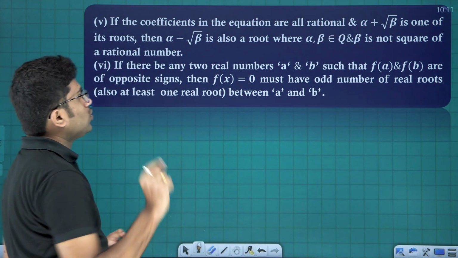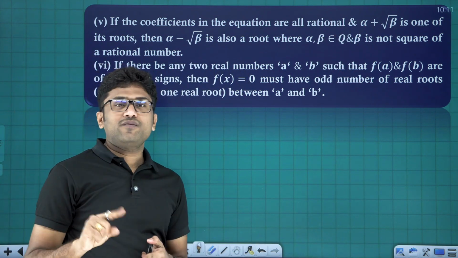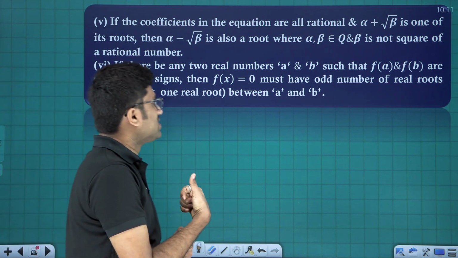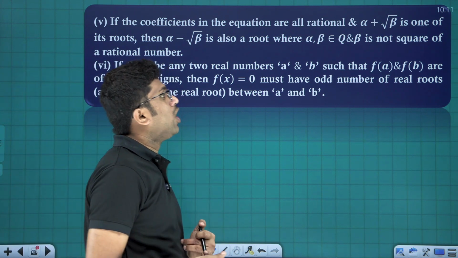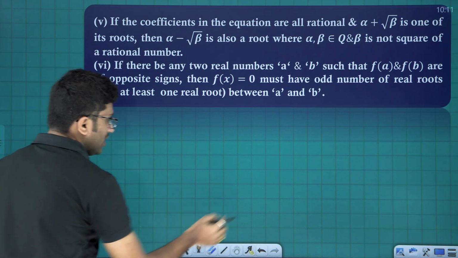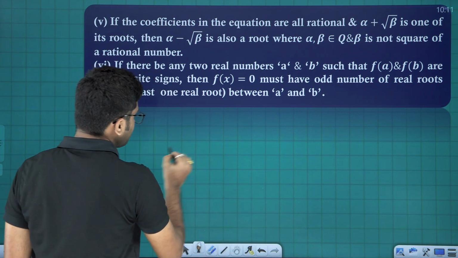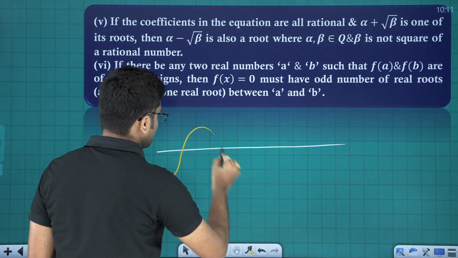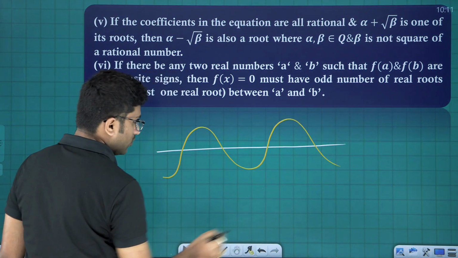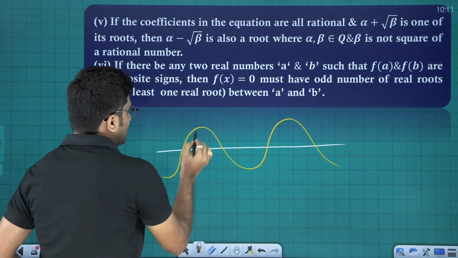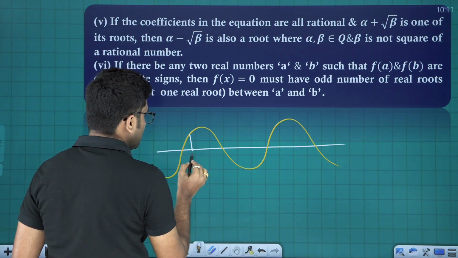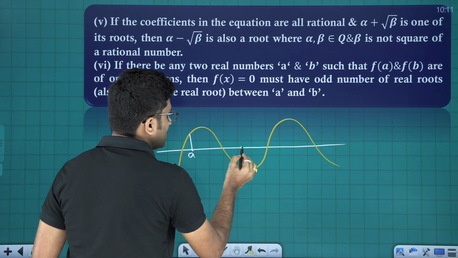If there are any two real numbers a and b such that f of a and f of b are of opposite signs, then f of x equals 0 must have an odd number of real roots between a and b. Let's say there is a quadratic. Let's say this is a, and this is b.